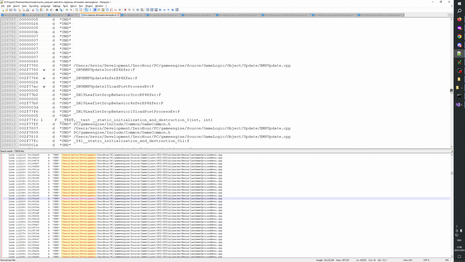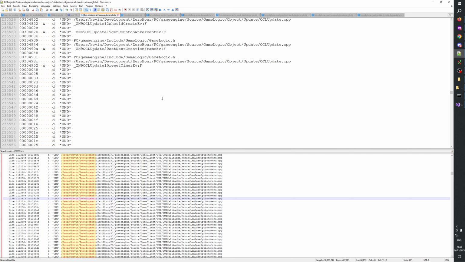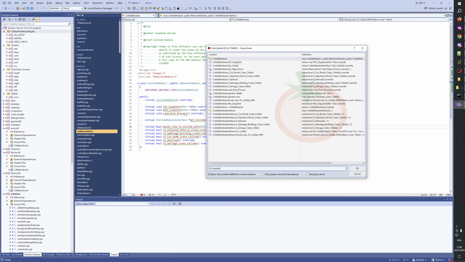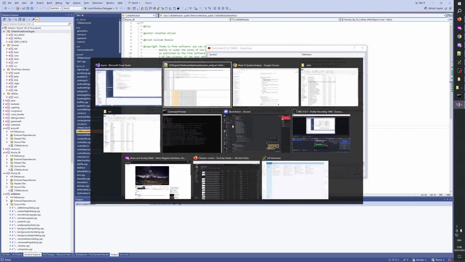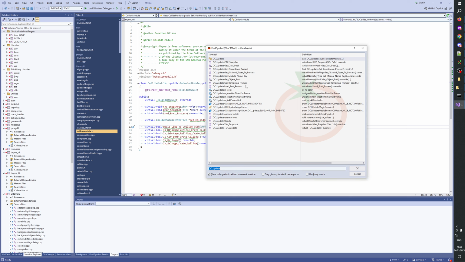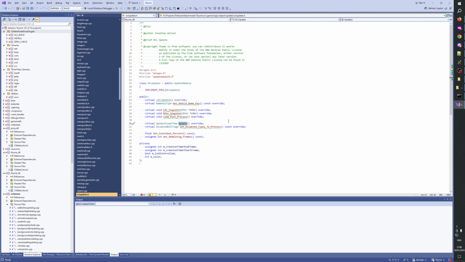Let's try to find something else. Here, OCL updates. What about this one? Reset timer. Let's see. OCL update is here. Reset timer. Do we have that? Reset timer. Looks like that function does not exist yet. It's also just a shell.